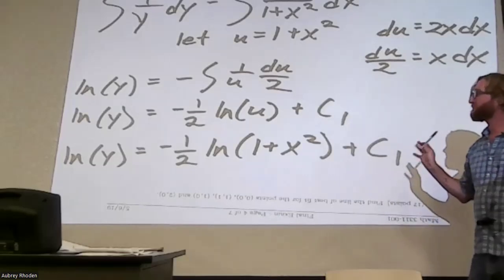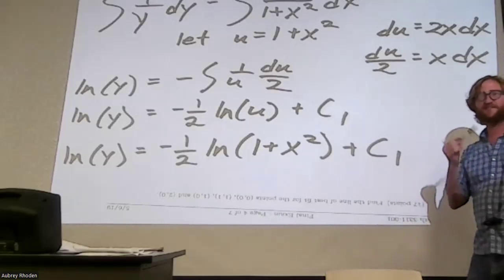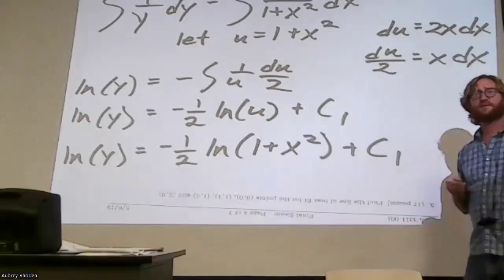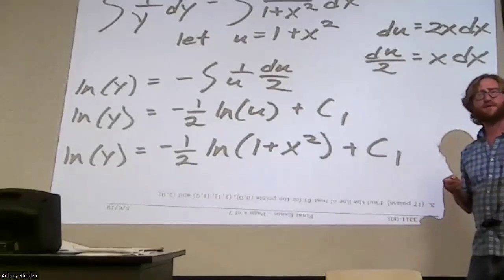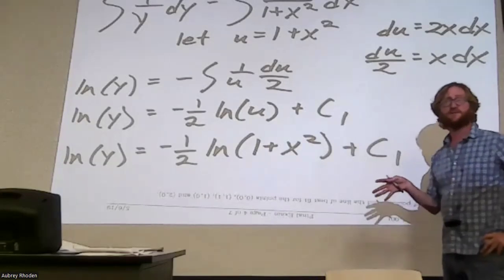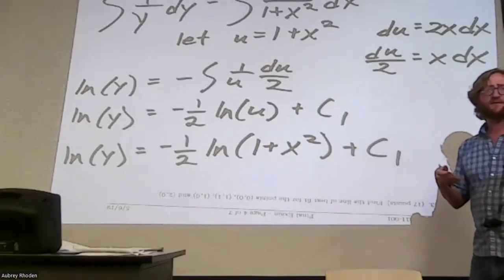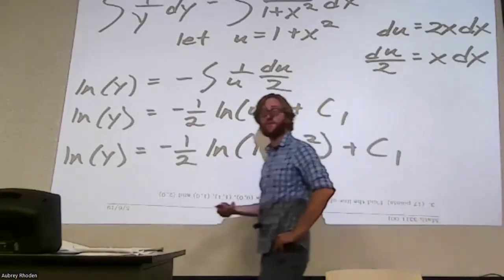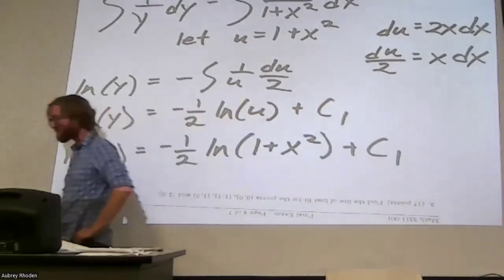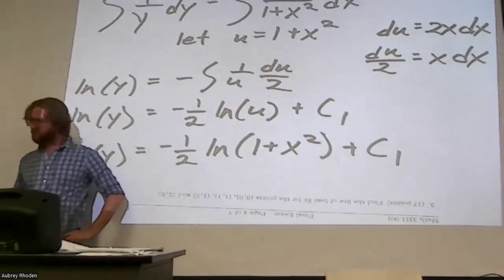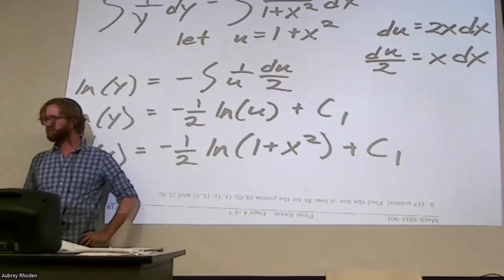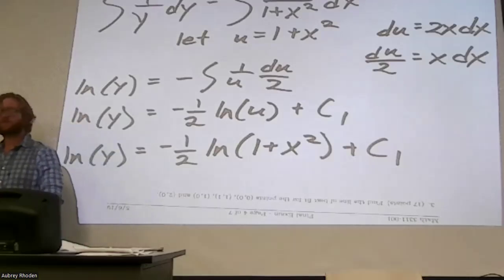But in this case, this answer is not actually the best looking one, so I would want to clean this up a little bit because there's a nicer looking answer. And I don't really want to solve for C at this point, because we still have an initial condition where we have to solve for C.